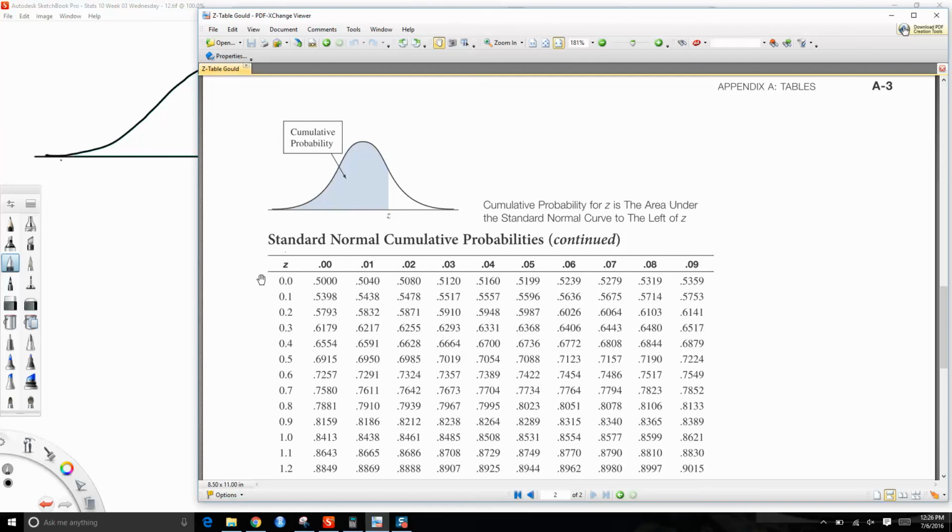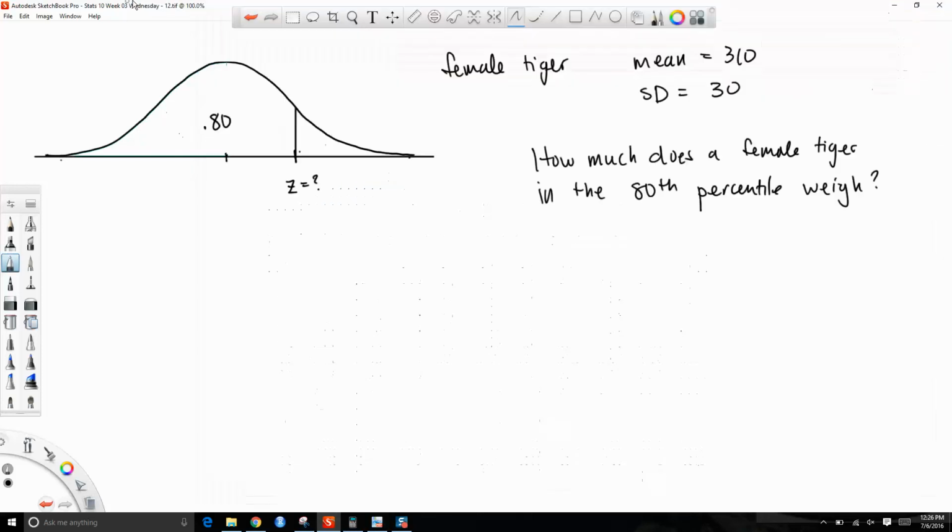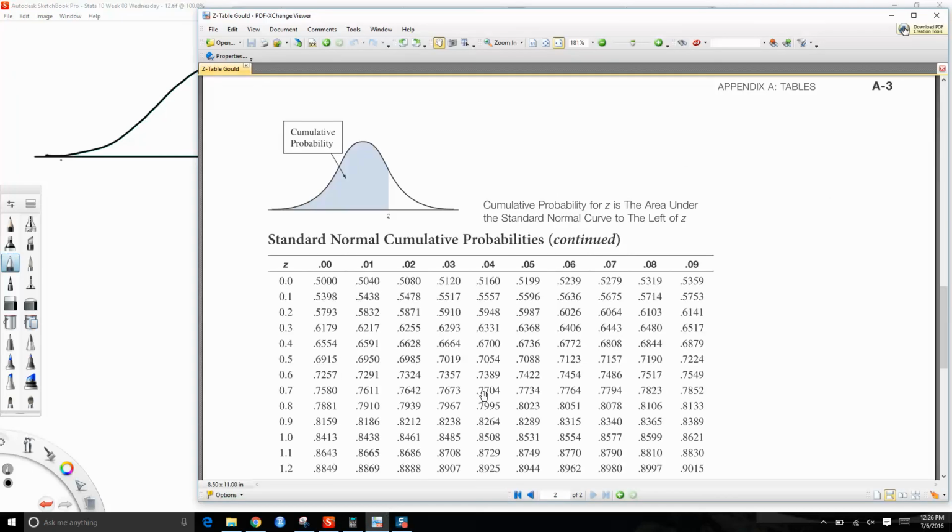So basically what we're going to do is go to our z table, and we want to find the z that gives me an area closest to 0.8. When we do that, we get 0.7995 appears here and 0.8023 appears over here. Between these two values, the one that's closer to 0.8 is 0.7995, which is z equal to 0.84.